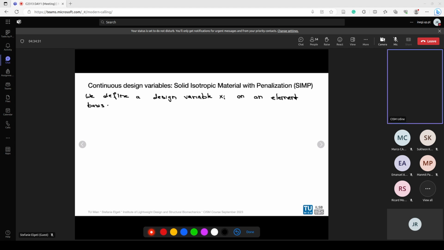And in particular, this xi will describe the material content inside the element. Xi describes the material content of this element.